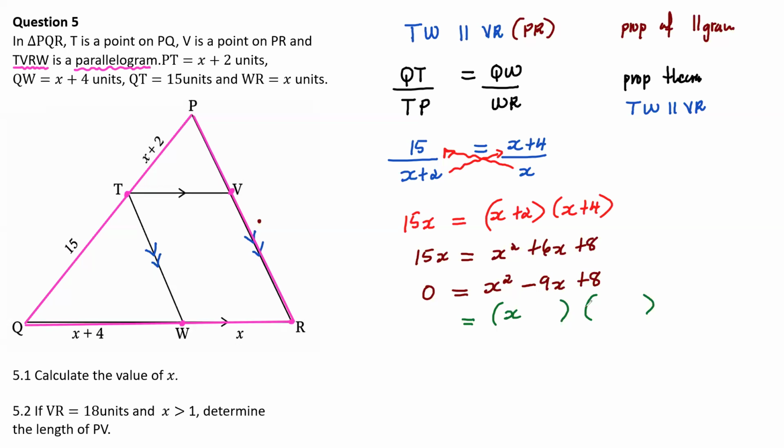I see my x, I see my x, I see a minus 8, I see a minus 1. That's my 0. It means the value of x is either 8 or 1. These are your answers from there on.